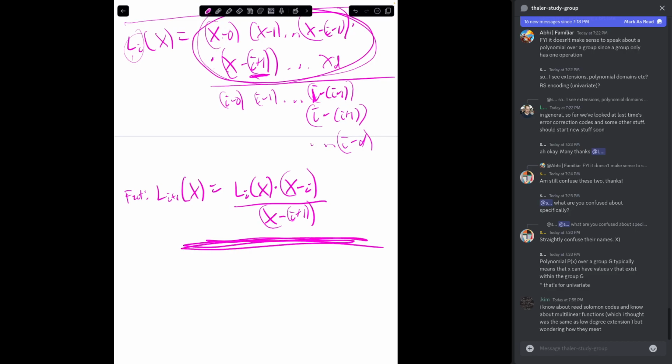In the denominator, every time I see an i - 0 or an i - 1, I just replace i with i + 1.